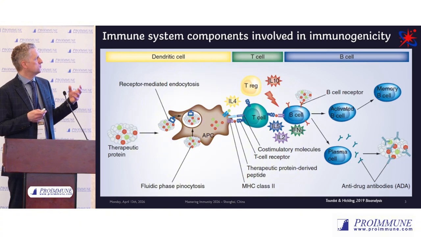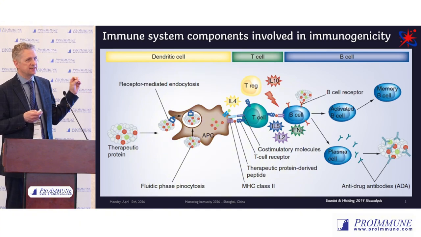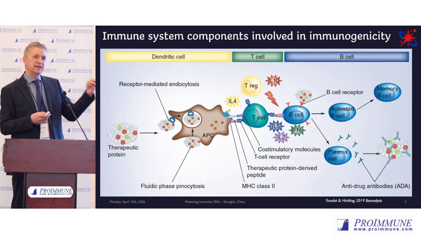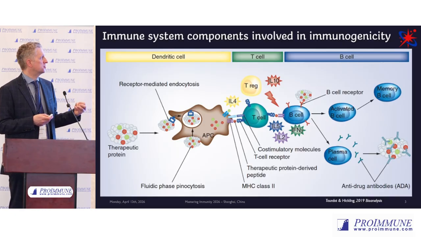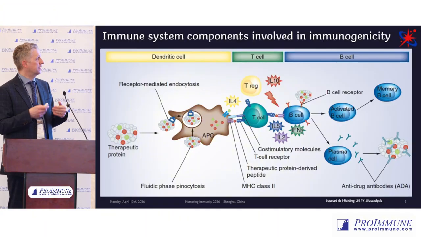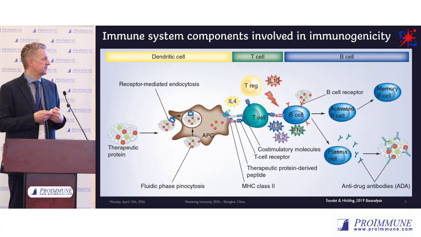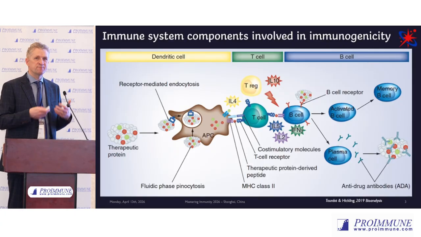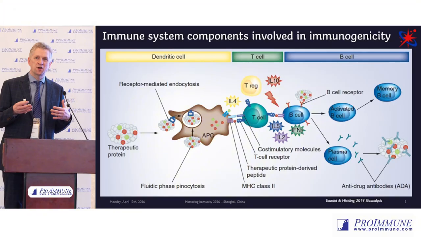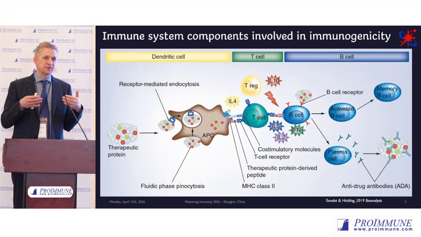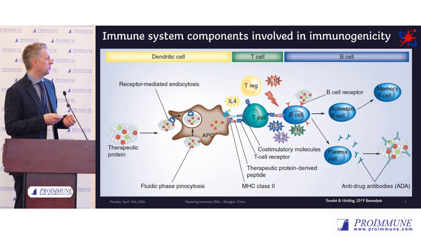And what's also happening at the same time as the antigen presenting cells are presenting to the T cells is that the B cells are also taking up the drug, recognized through the B cell receptor, which will go on to become the anti-drug antibody. Where the same peptides are presented to the T cells, this is what generates the active cycle of maturation. So you go from an initial, more natural antibody through to a specific anti-drug antibody.